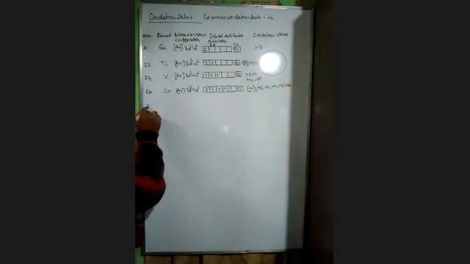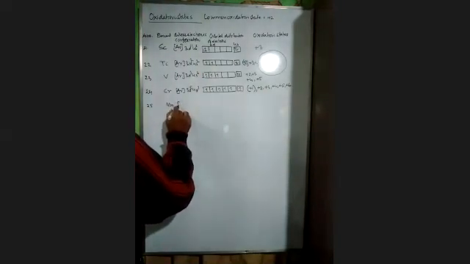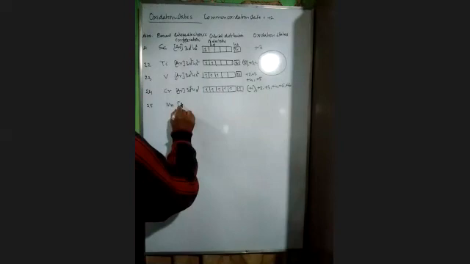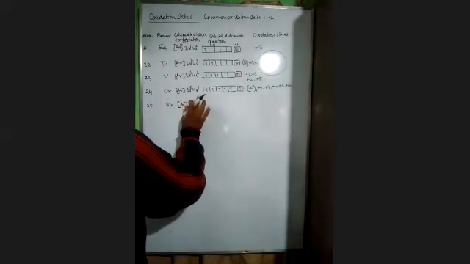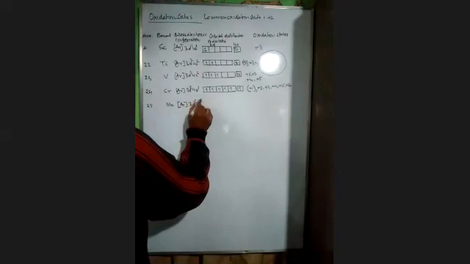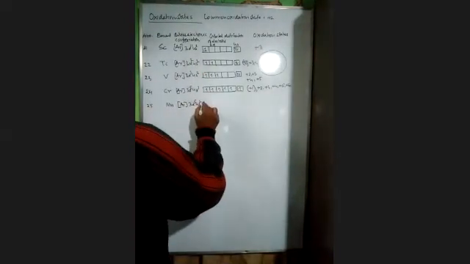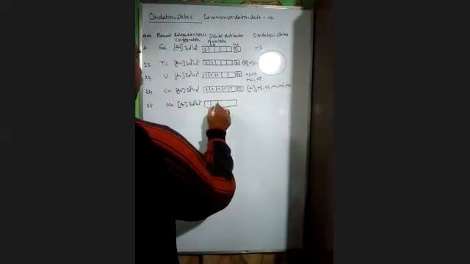Then manganese, 3d5, 4s2, is the normal ground state electronic configuration.